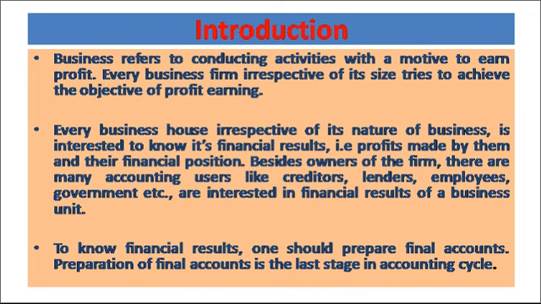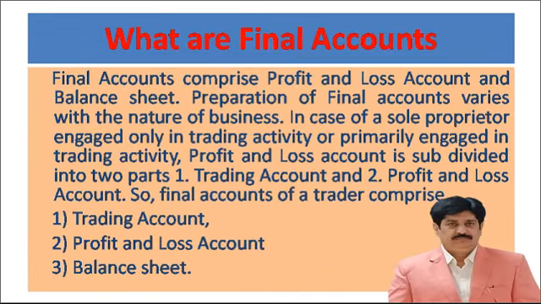We can say simply, final accounts is the last stage of the accounting cycle. Now, final accounts we have seen already. If it is a normal business organization without any production activity, where only purchasing and selling activities take place, in such a category of business we need to prepare under final accounts trading account, profit and loss account, and balance sheet.